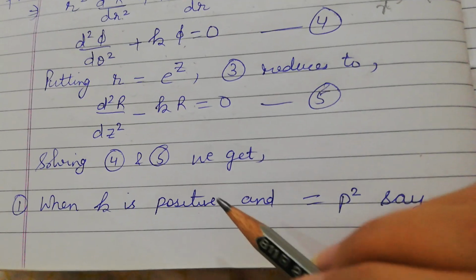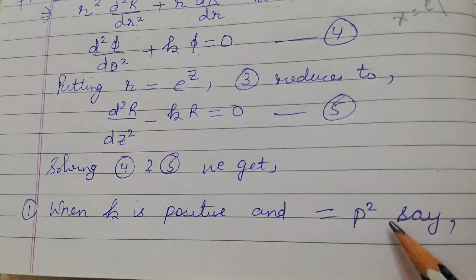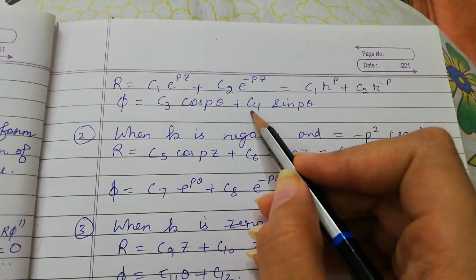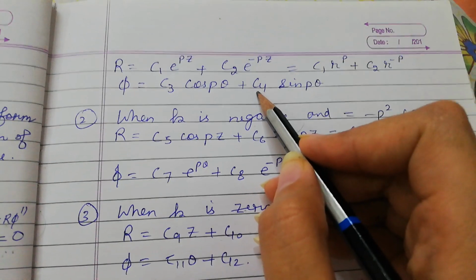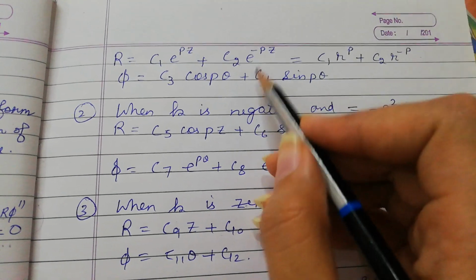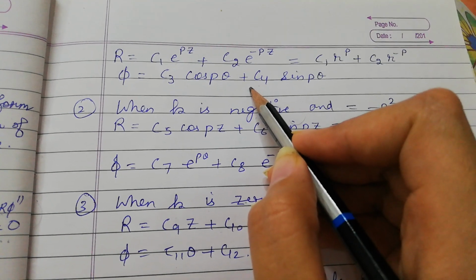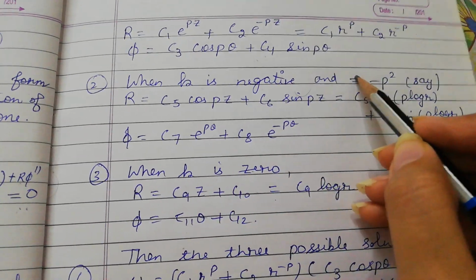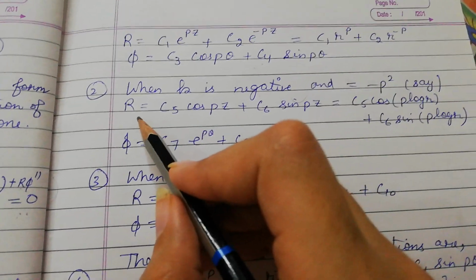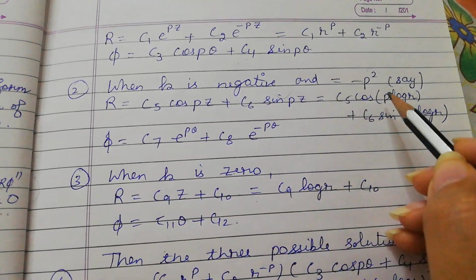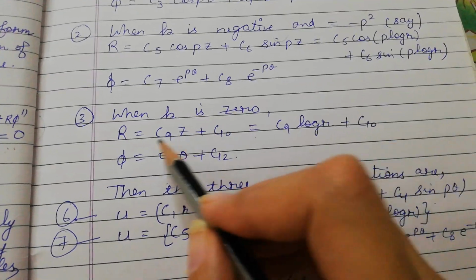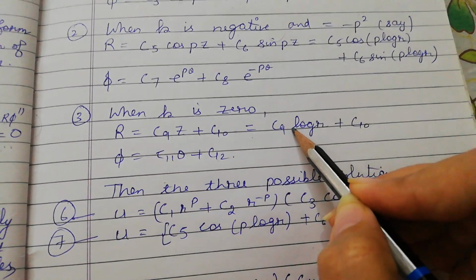First, when k is positive and equal to p square, you will get your solution for capital R and capital Phi in this form. Solve it. If you have any problem, you can tell me and I will tell you how to find the solution. When k is negative and equal to minus p square, you will get the solution for capital R as this and capital Phi as this. Then when k is 0, you will get these two solutions.